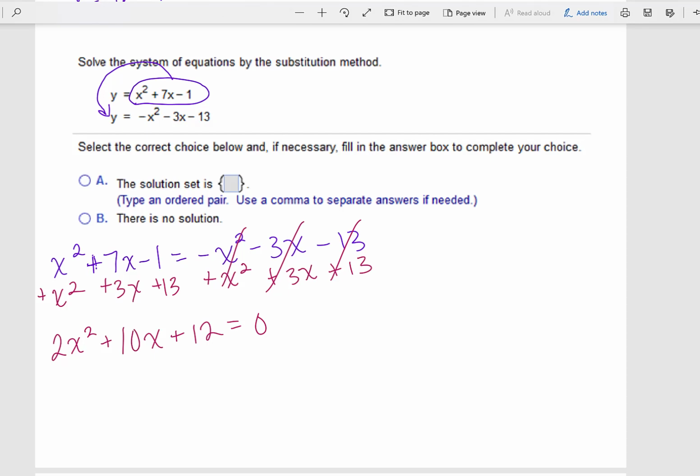Now, remember, when I go to factor this, my very first question is always, is there a GCF? If there is a common factor, I want to pull out the greatest common factor, right? So 2 can go into all of them, so I'm going to factor out a 2 to make this a little bit simpler to factor. And then I can go ahead and continue to factor.